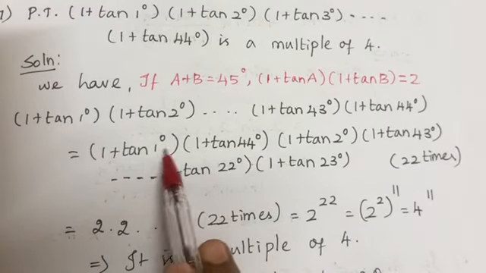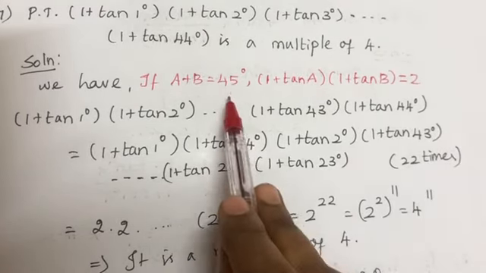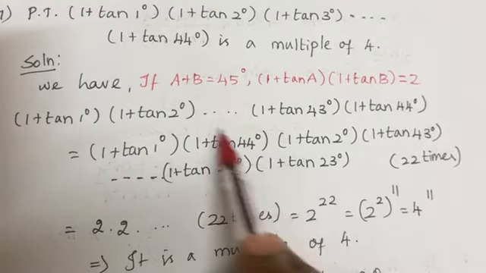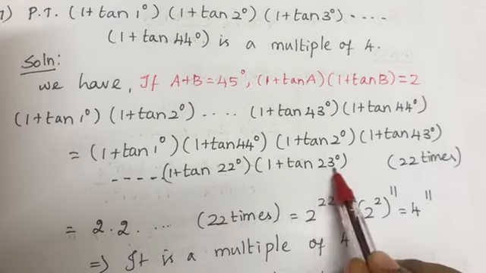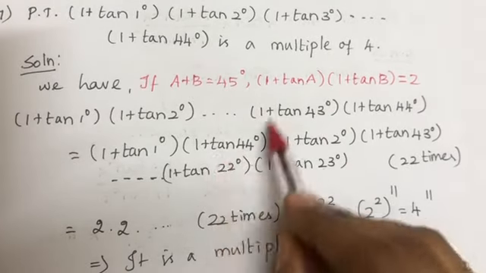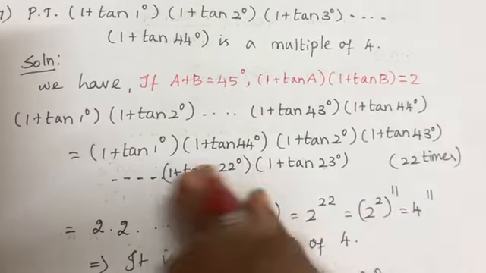If we add this 1 and 44, I get 45. Similarly, 1 plus tan 2 degree into 1 plus tan 43. If I add this 2 and 43, I get again 45. So I regroup it and so on, up to 1 plus tan 22 degree into 1 plus tan 23 degree. If I add 22 and 23, again I get 45. So we regroup so that the sum is 45.